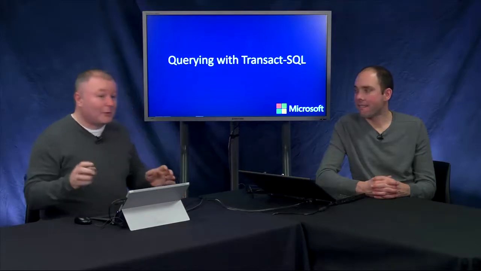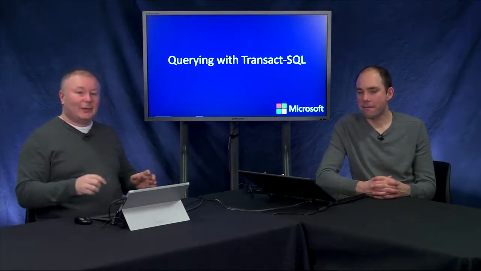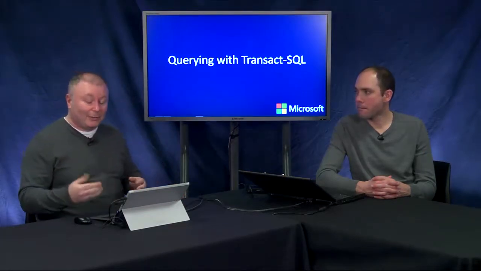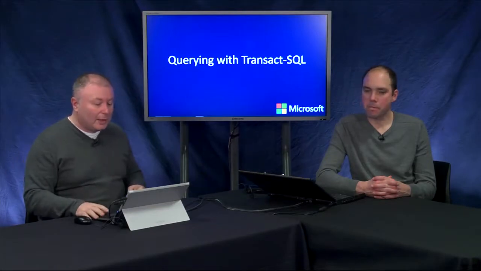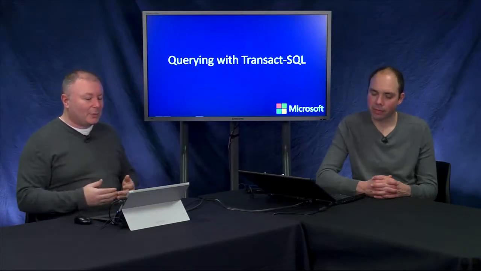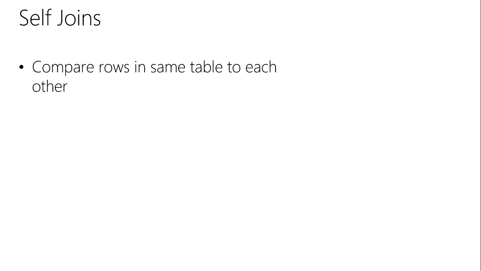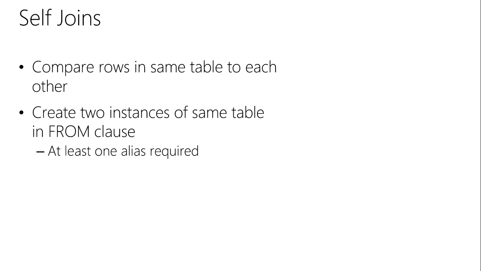Okay, so self-joins. Let's finish off our discussion of joins with the final type of join, which is a self-join. And what we're doing here, as the name suggests, is comparing rows in a table to other rows in the same table. We obviously need two instances of the same table.